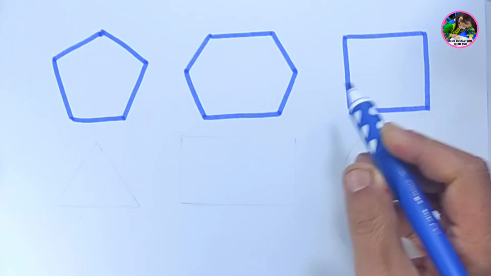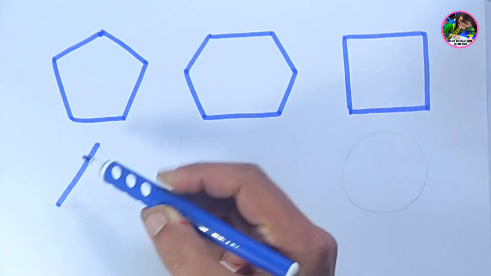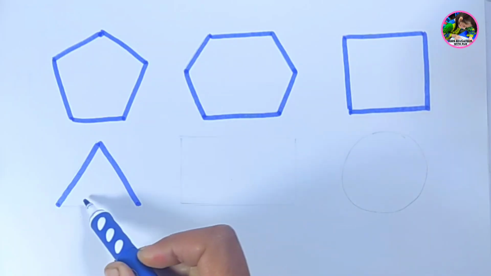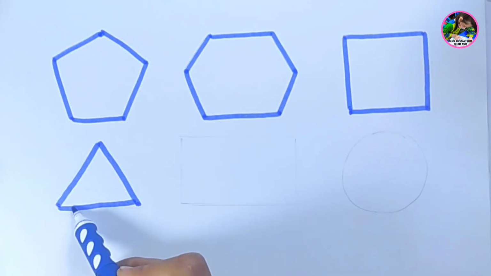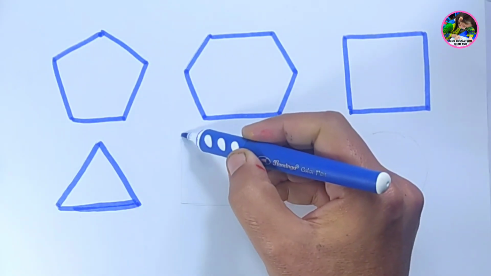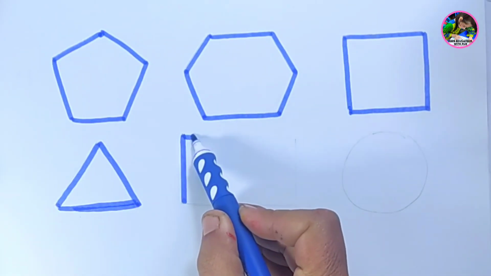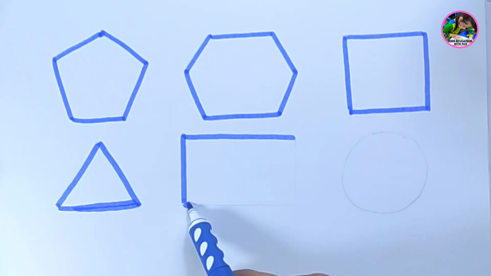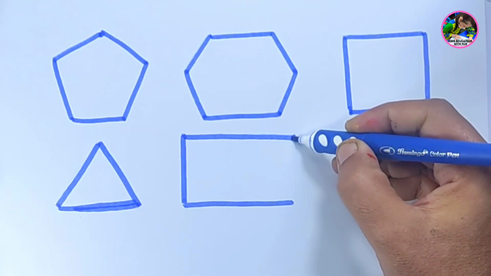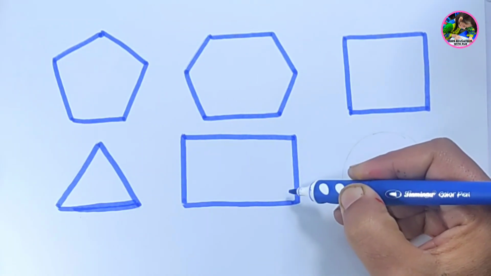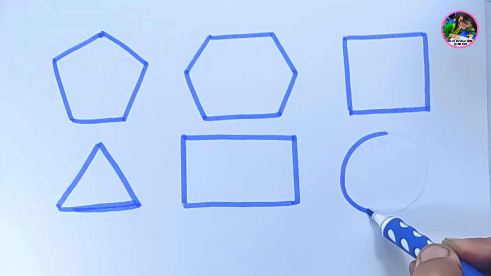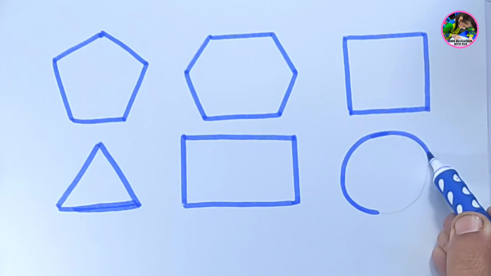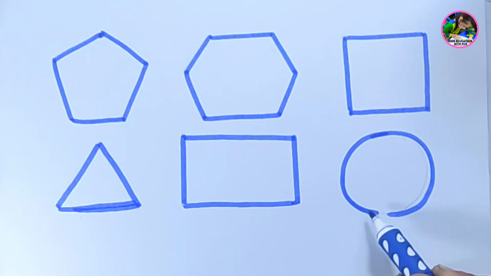This is a square. Triangle, 3 sides. Rectangle, circle.